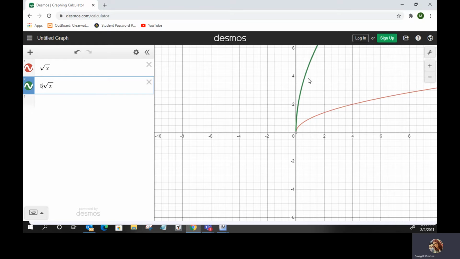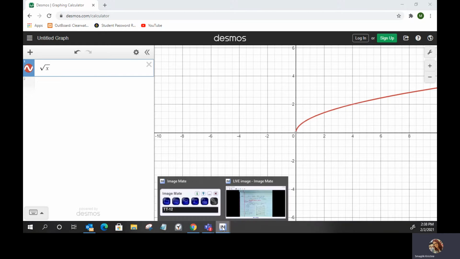It's stretched. And notice how it's pulling closer to the y-axis. If I make that 0.5, like 1/2, it compresses it. It's pulling it closer to the x-axis. If I make this negative, it flips it, just reflects it right over the x-axis.